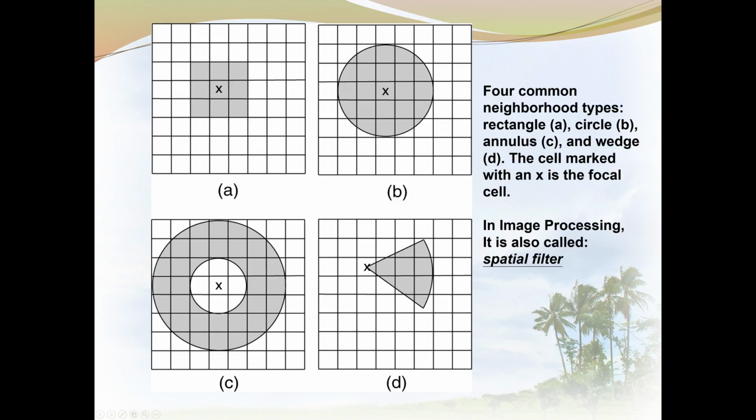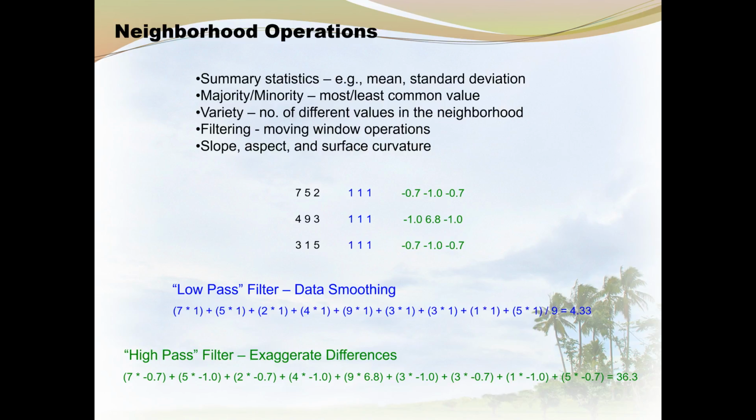For common neighborhood types, rectangle, circular, annulus, and wedge, the cell marked with an X is the focal cell, used in image processing, also called spatial filtering. You can filter with different shapes as you want, or the one you identify. The neighborhood operations include calculating summary statistics, which we already mentioned, filtering with moving windows, and we can do slope and aspect as well.